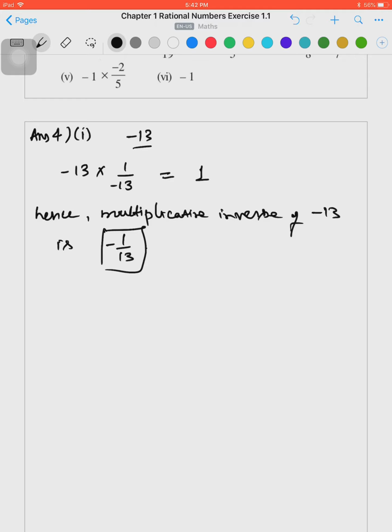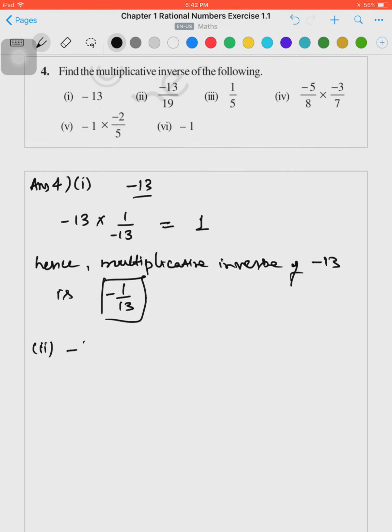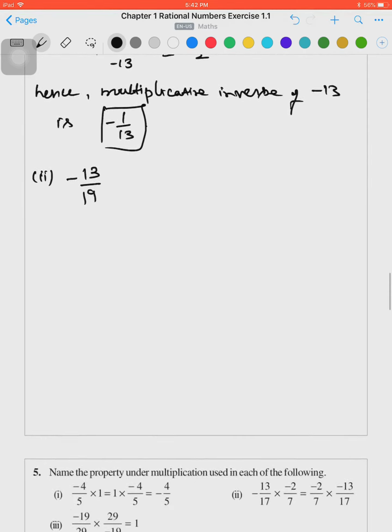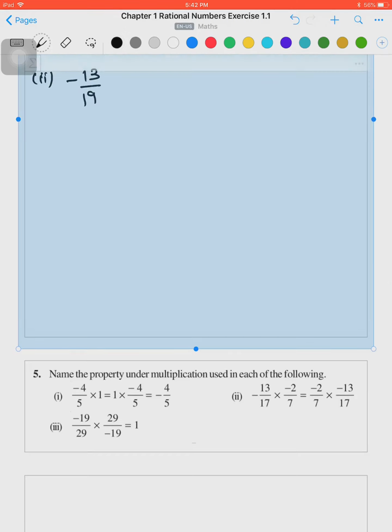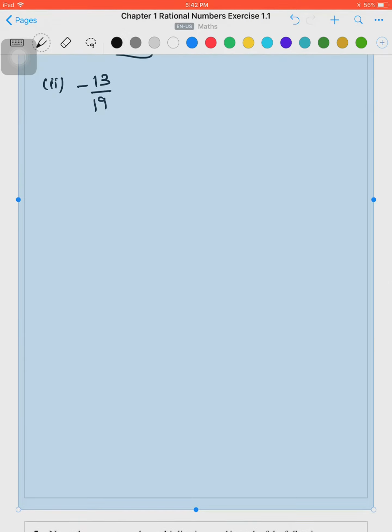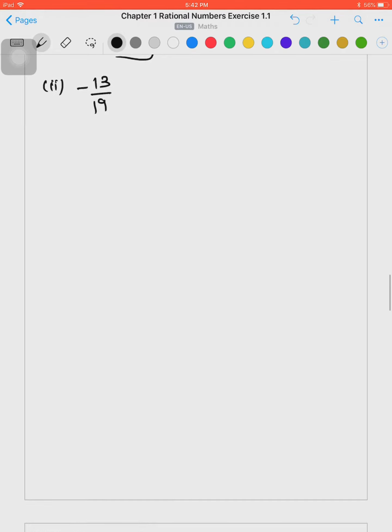Okay, next one, second we have minus 13 by 19. Again we have to find its multiplicative inverse. That means we have to find a number which when multiplied to this original number, the result should be equal to 1. Simply the multiplicative inverse is the reciprocal of the original number.